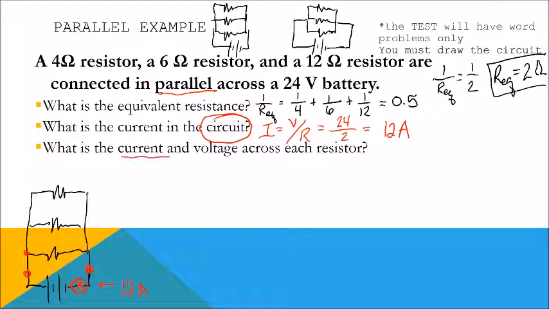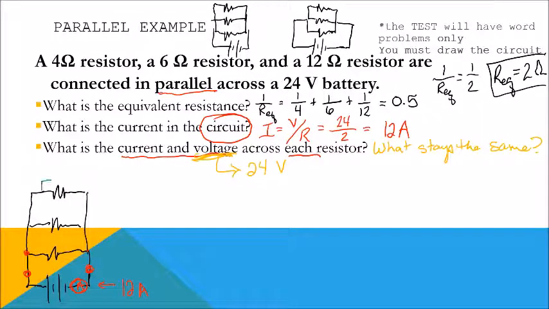Now, what is the current and voltage across each resistor? And remember, when we're asking ourselves about each resistor, we need to ask what stays the same in this circuit. In parallel, the thing that stays the same is the voltage across each branch. So in this case, each branch has a voltage of 24 volts.